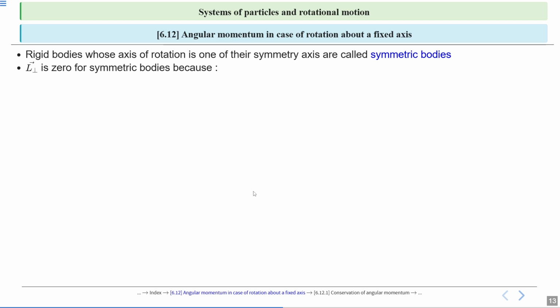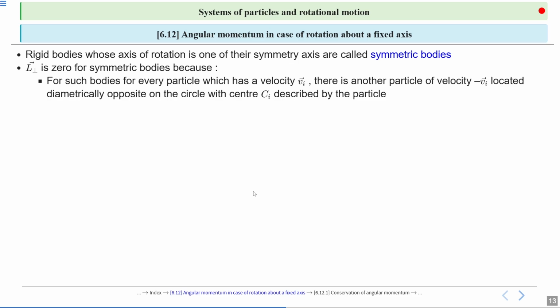Because for such bodies, for every particle which has a velocity vi, there is another particle of velocity minus vi located diametrically opposite on the circle with center ci described by the particle. So such pairs will contribute 0 to L perpendicular.